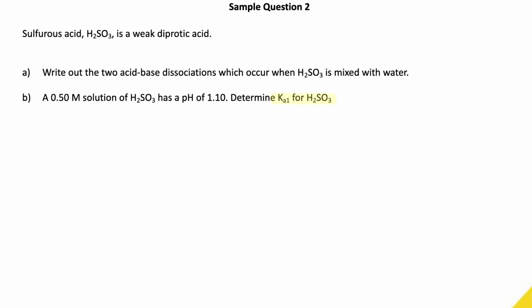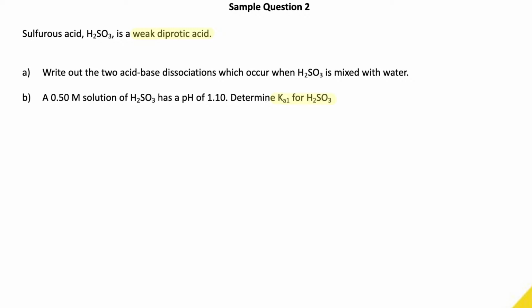One of the reasons why they ask for Ka1: we may go into a tizzy and say, hey, what about the second dissociation? Well, if I have a weak acid, even if it's a diprotic acid, realize that the difference between Ka1 and Ka2 is typically 3 or more orders of magnitude, 1,000 times or more.